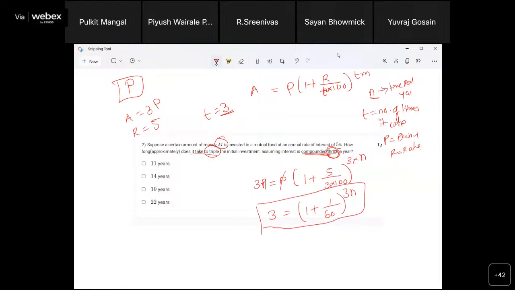Now using logarithms, how will you get the value of n? We take log on both sides.